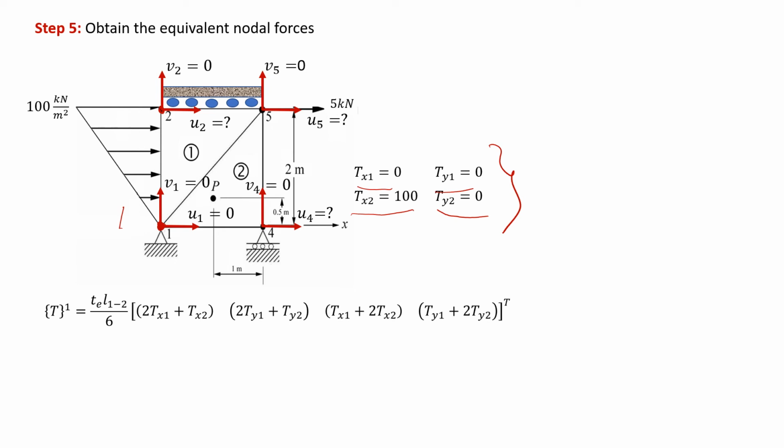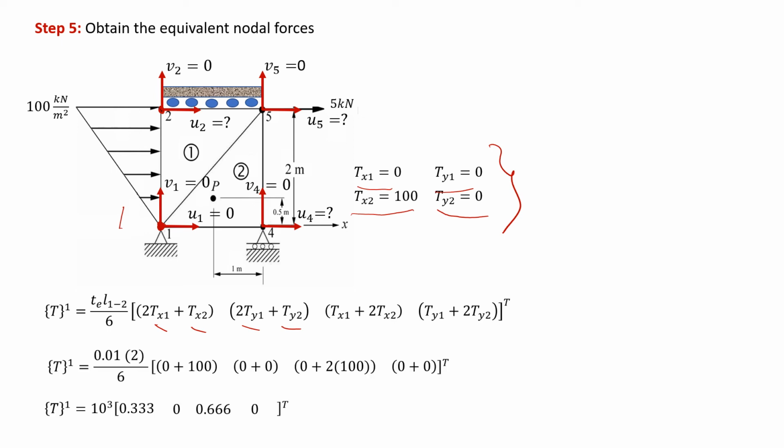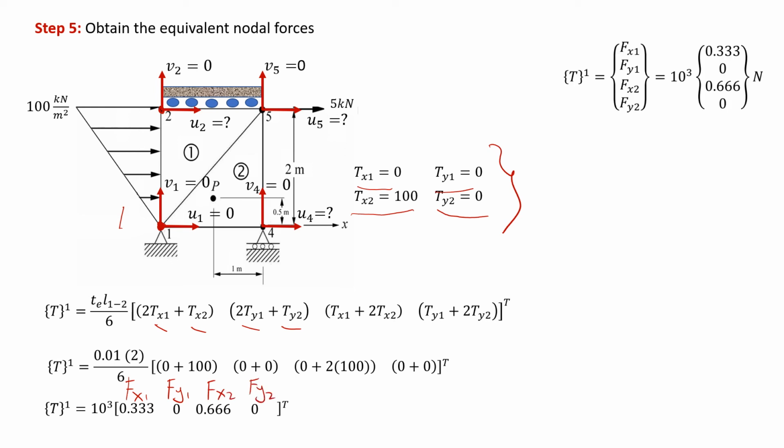So, by substituting the values Tx1, Tx2, Ty1 and Ty2 into this equation, we can obtain the equivalent nodal forces, where the first term here corresponds to Fx1, the second term is for Fy1, followed by Fx2 and Fy2 as shown in this equation.